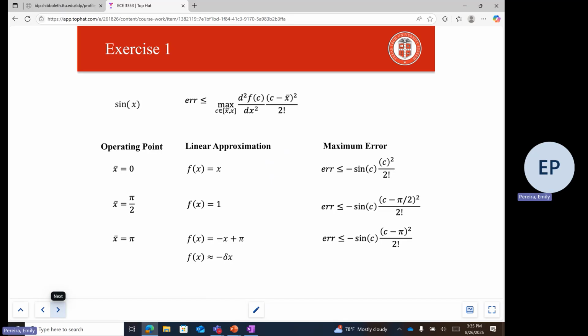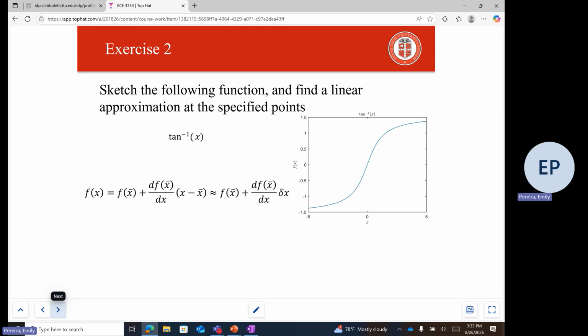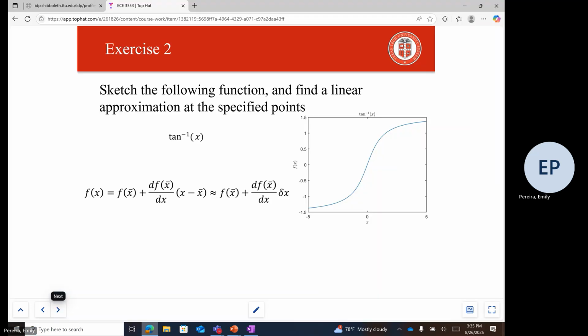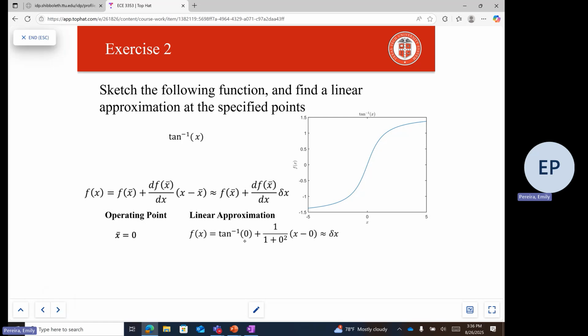All right, let's do one more example. This time we're going to approximate the following function, the tangent inverse function. This function looks like this. And we want to approximate this at, again, different operating points. I'm not going to go through the math on this, but at the operating point x bar equals 0, we get the tangent inverse at 0.